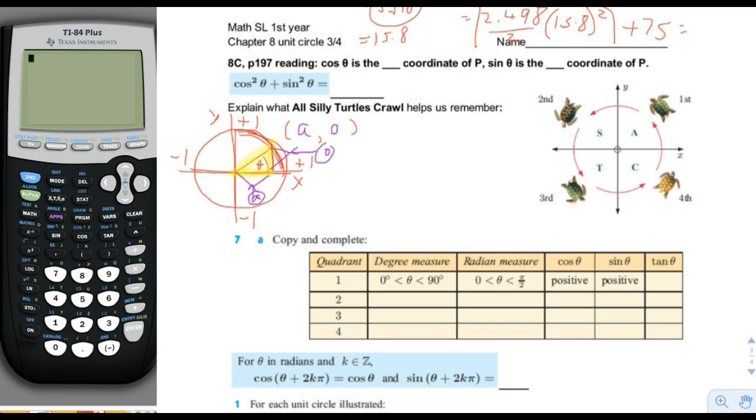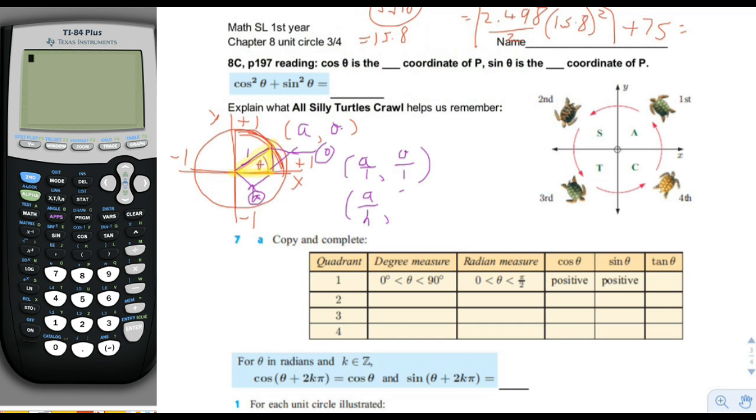Okay, now the adjacent side length over the hypotenuse would be cosine, right? But the hypotenuse is just 1 because the unit circle, the radius is 1. So let's say that instead of a comma o, we're going to have a divided by 1 and o divided by 1. And that's the same thing as a comma o, right? And then a over 1 is actually a over the hypotenuse.